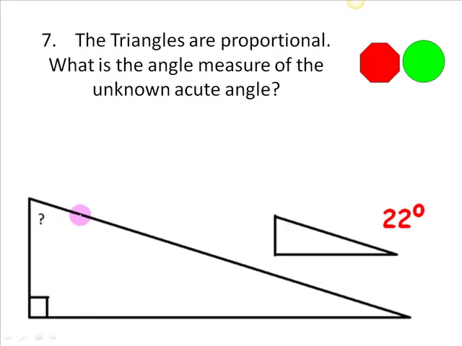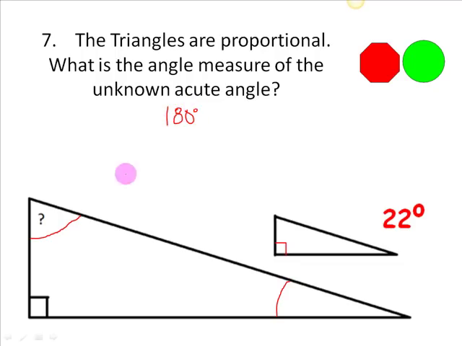All right, what they're asking is, what's this angle right here? And so if we know that these are proportional, then we know that this is 90 degrees, and we know that this is 22 degrees, and we also know that the internal angles of all triangles sum to exactly 180 degrees.